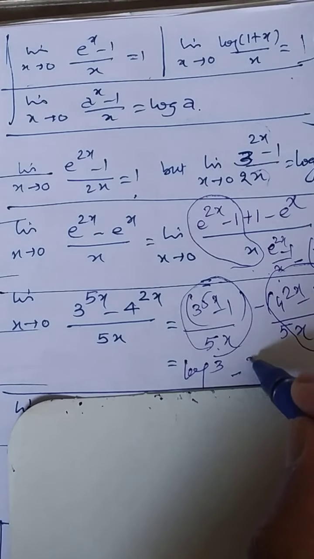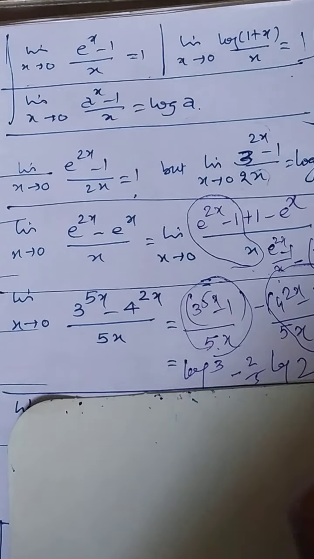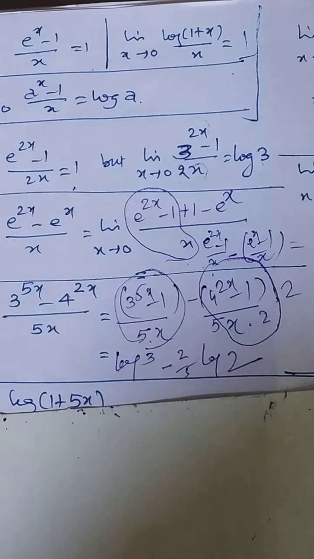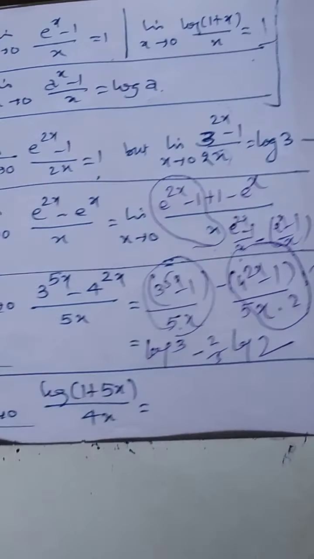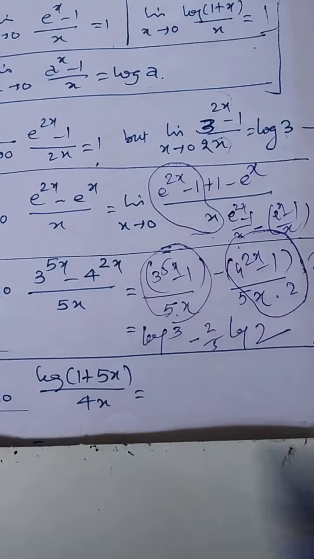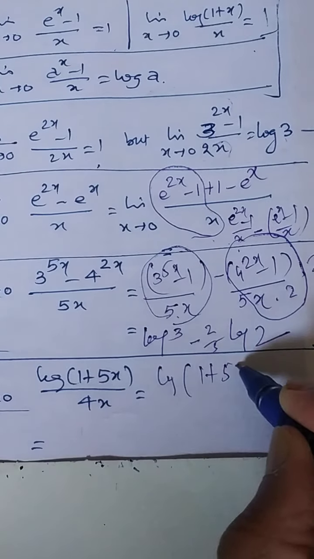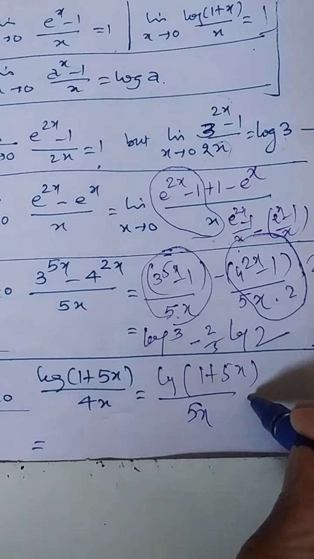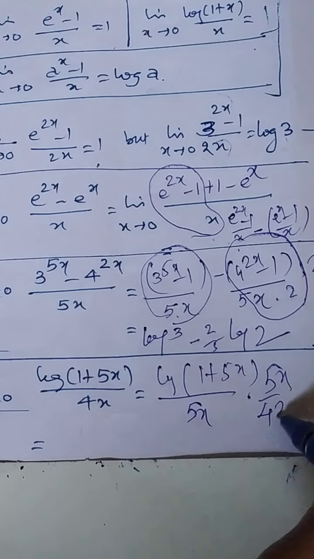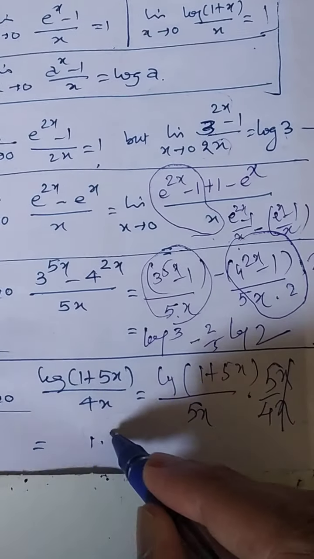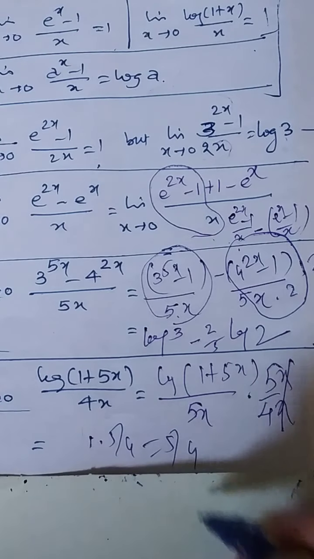So minus, it will be 2 by 5, it will be nothing but log of 2. If you want to use the log formula, it is log of 1 plus 5x, to be divided by 5x only. Extra 5x will be here, it is 4x. This will give you 5 by 4. 1 into 5 by 4, your answer will be 5 by 4.